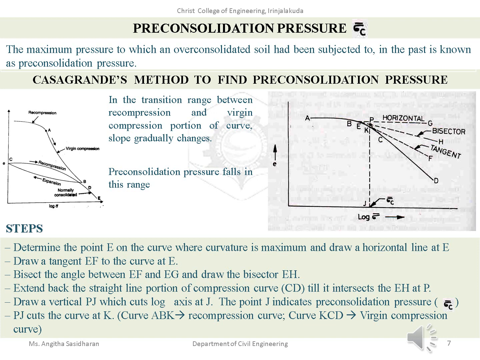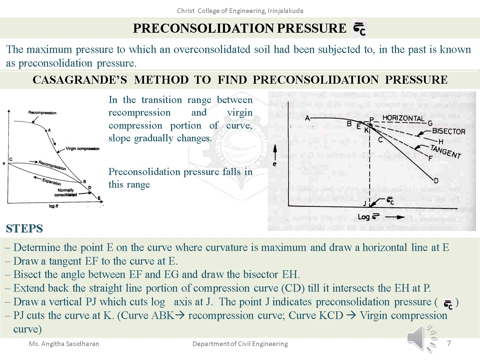If you observe the e log p curve, the load is being increased and the effective stress experienced by the soil is increasing, and a point will be reached that corresponds to the initial pressure which it had experienced at the site.